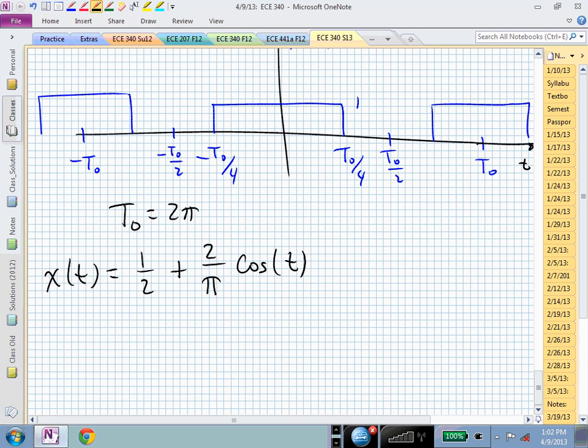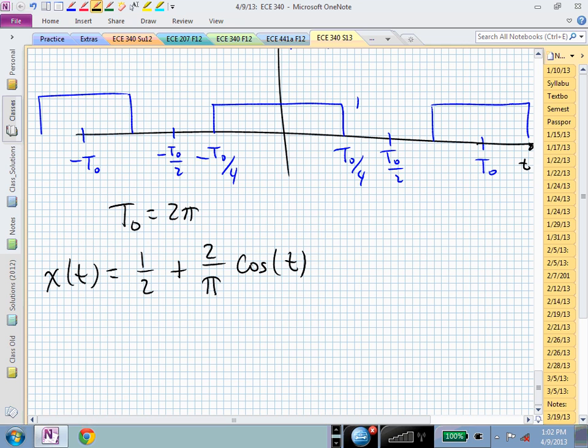And you can get all hung up on even and odd and what that means, but let me just say for now, when you have an even x of t, your b's are all 0. Meaning in this expression for x, we should only see cosine pieces and no sine terms. And for that reason, it's immediately in the compact trigonometric form because all we have are the cosines. It by default falls out.